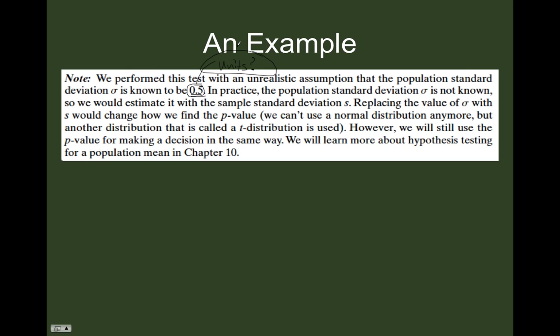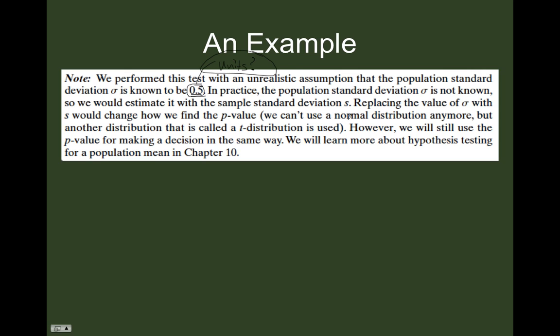But here's the point. In practice, the population standard deviation sigma is not known, so we would estimate it with the sample standard deviation. Replacing the value of sigma with S would change how we find the p-value.